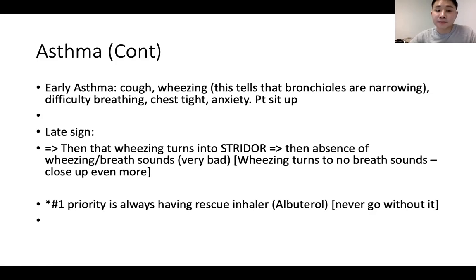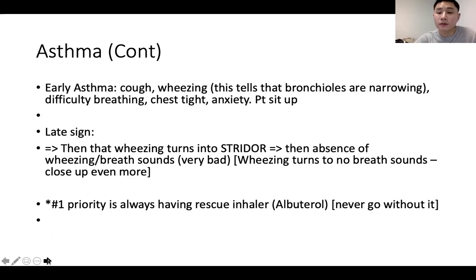Late sign is the wheezing turns into stridor, then absence of wheezing; breath sounds become very bad, wheezing turns to no breath sounds, and the airway closes up even more. Number one priority is always having a rescue inhaler, albuterol, and never go without it.